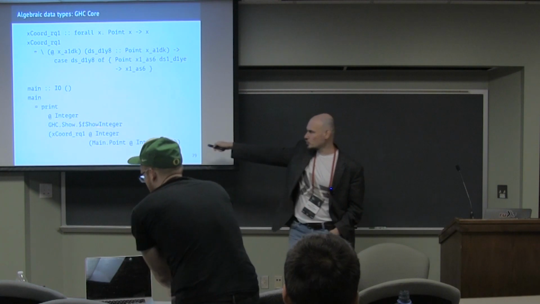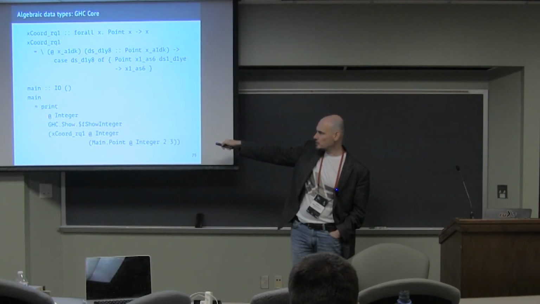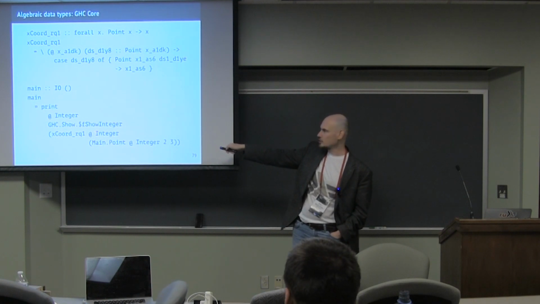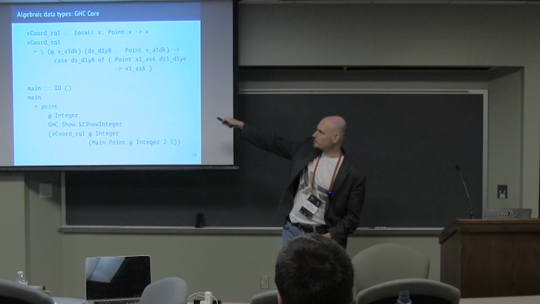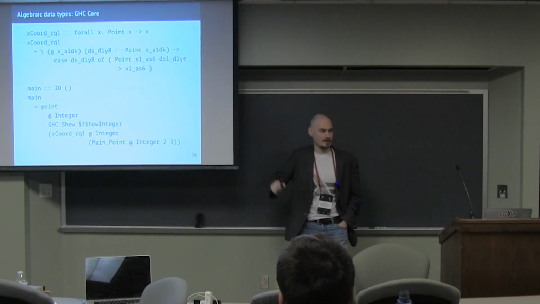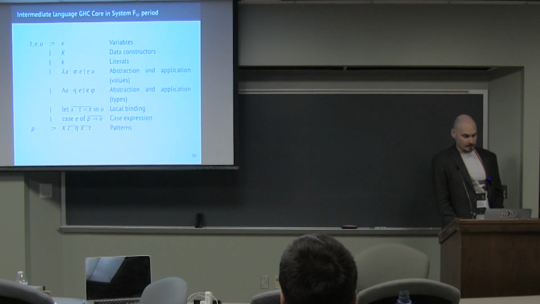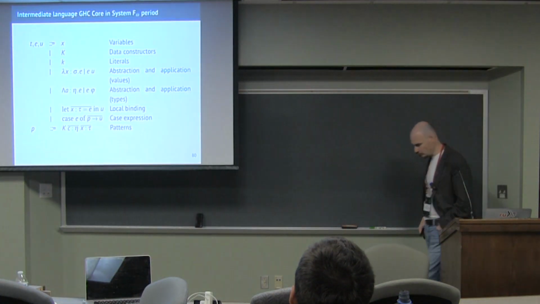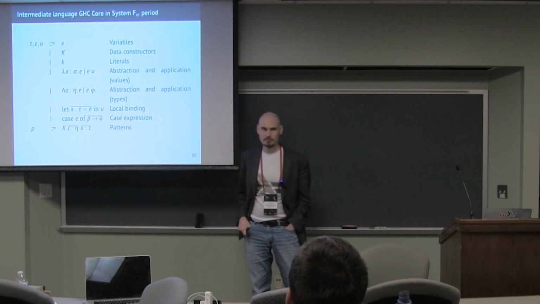And then this is the usual System F omega with type application and value application. And here we have big lambda and small lambda for values. So everything as usual. All right. So in that period, GHC Core looked like this.